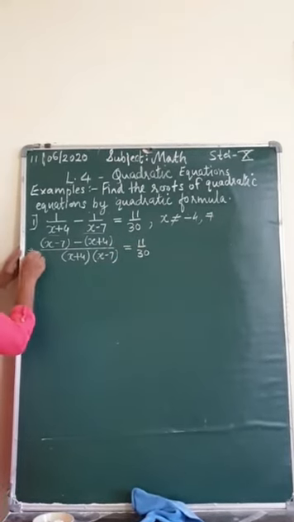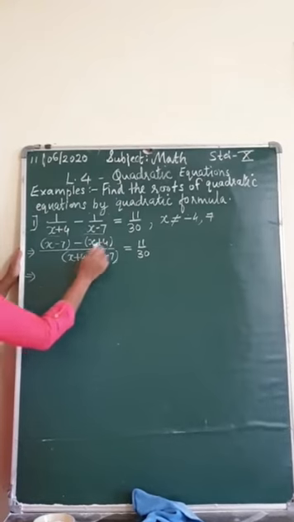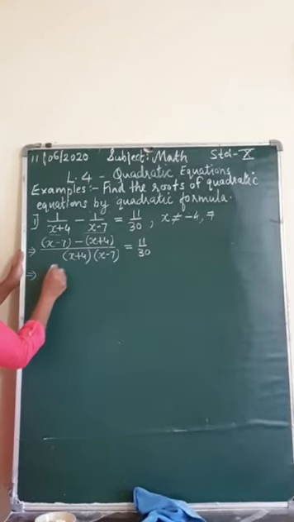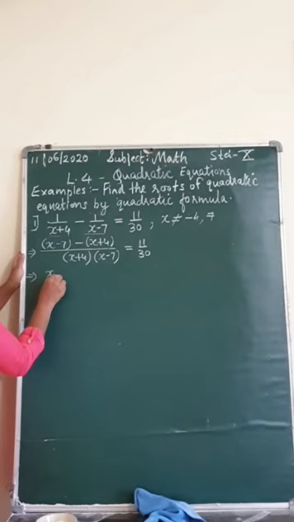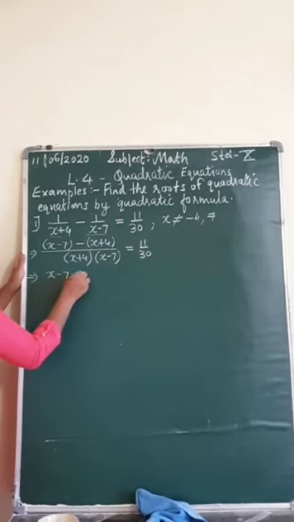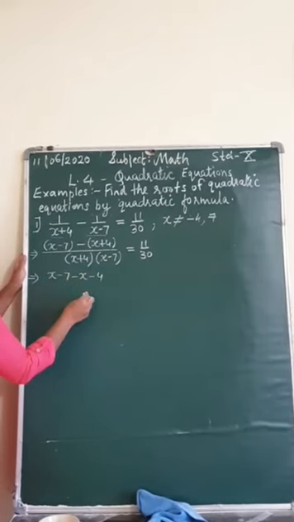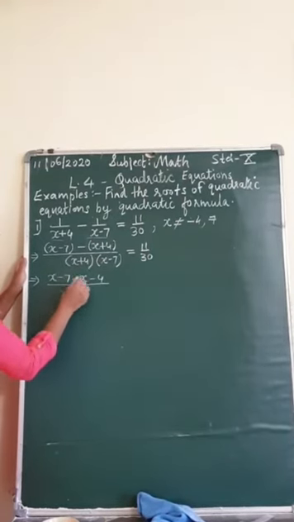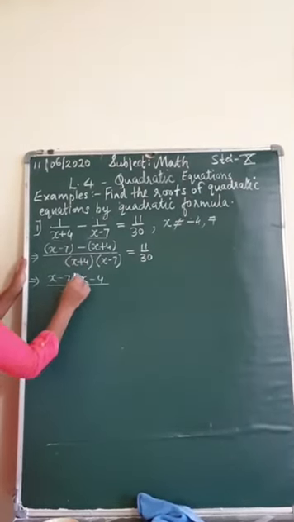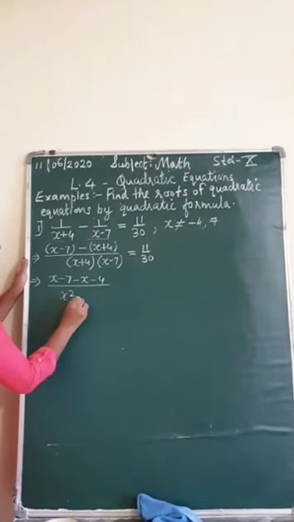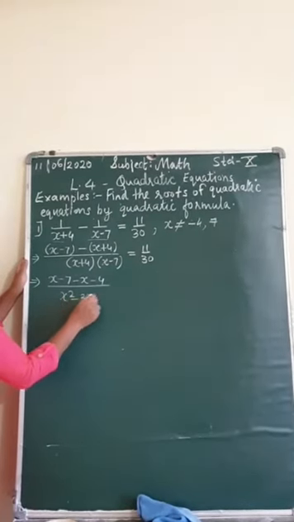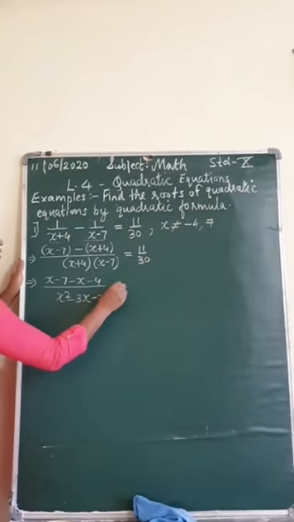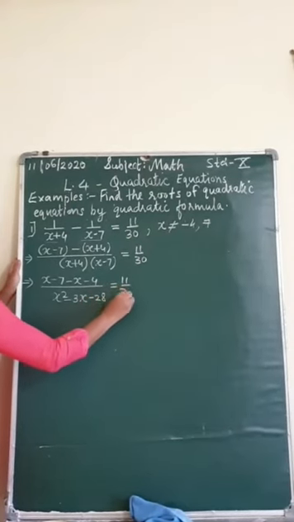Now what next? Bring this to the other side. So we have here x minus 7 minus x minus 4. Let's solve this so that the product of these two linear factors will give us x square minus 3x minus 28 is equal to 11 upon 30.